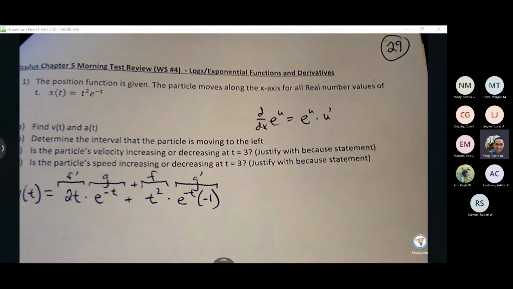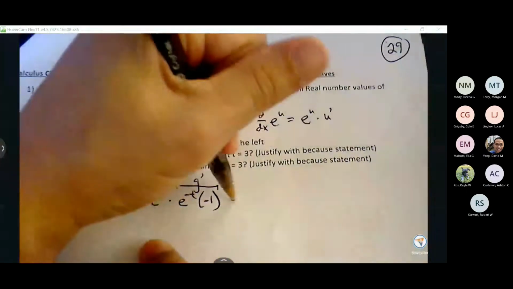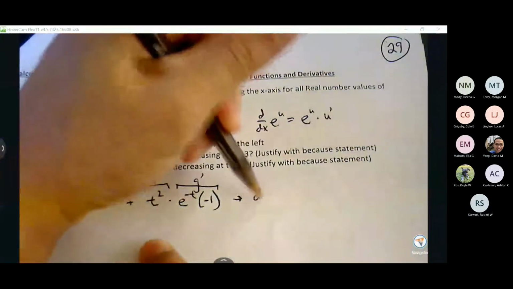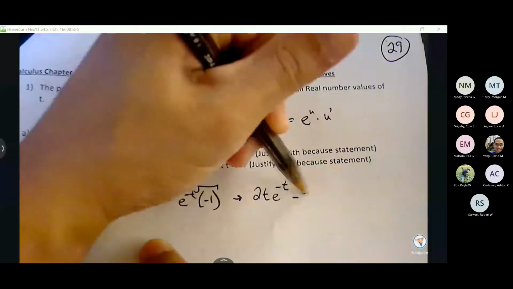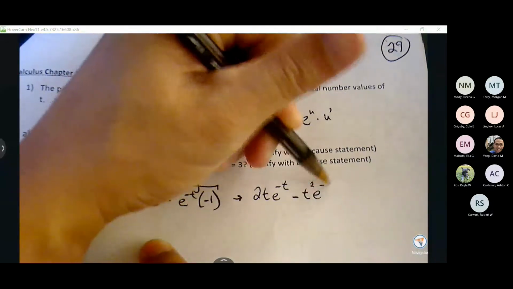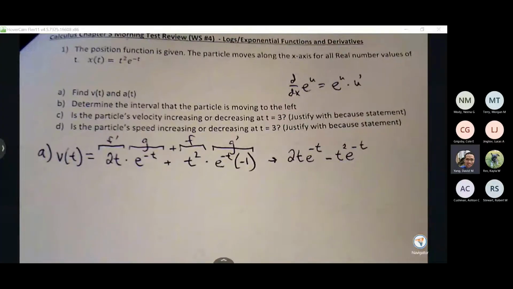Okay, let's do some cleanup here. Okay, so there's my velocity function.